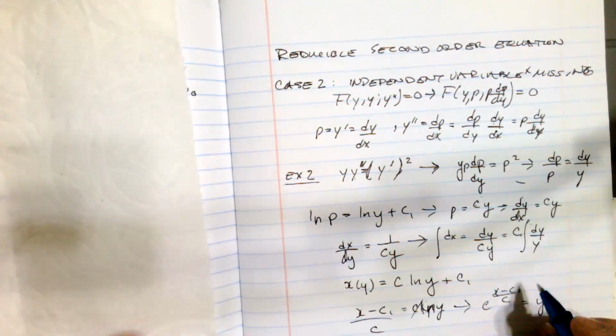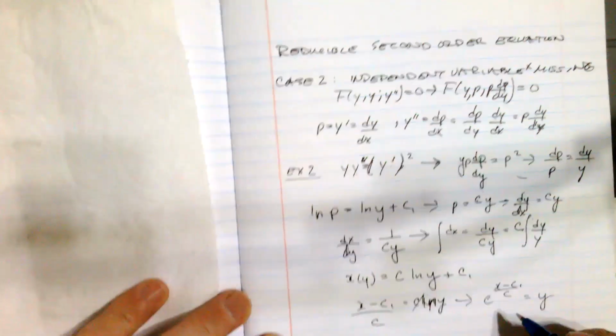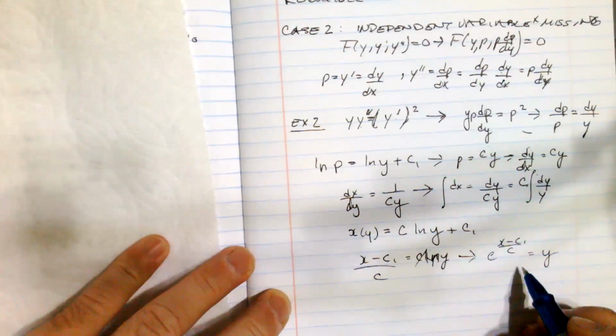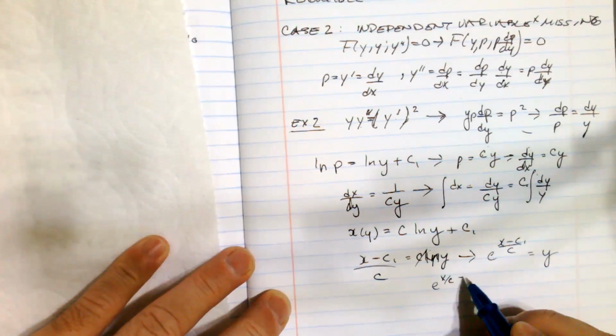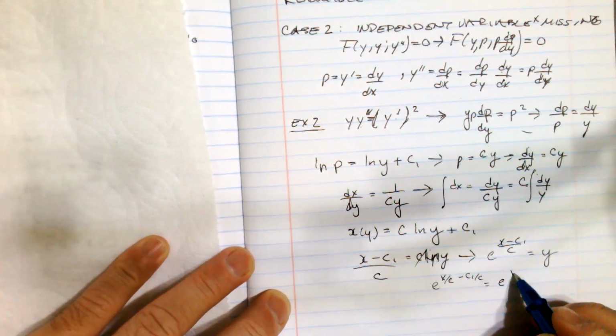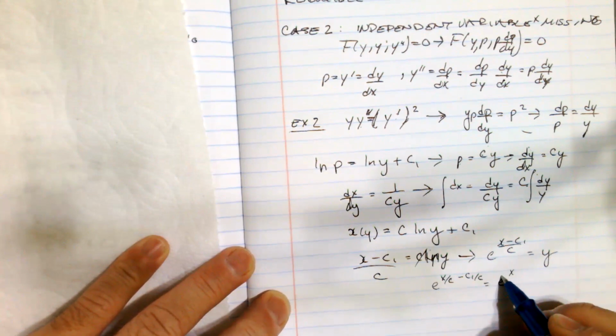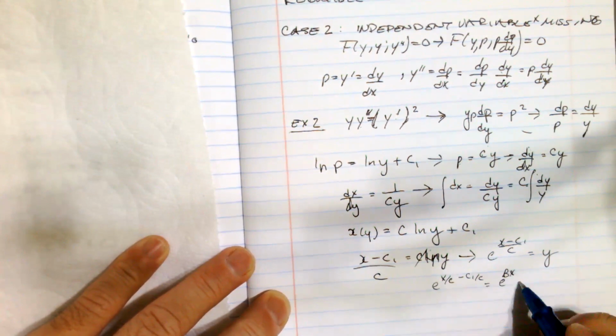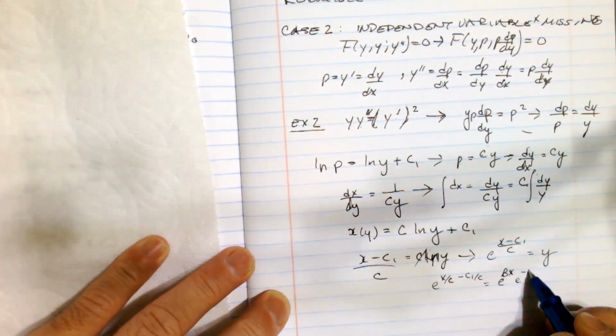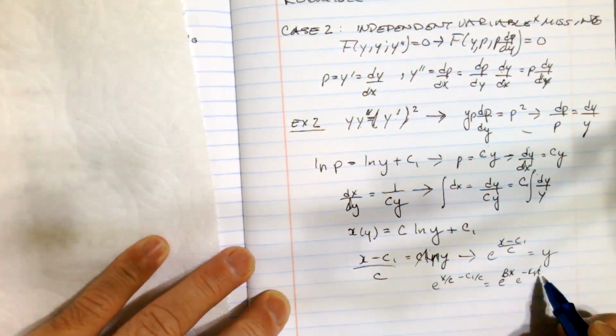Just a little bit of cleanup here, if you will. e to the x over c minus c1 over c is going to equal e to the x times... I'll call that a new constant. I'm going to go with b. So 1 over c is b, and then this is e to the negative c1 over c.